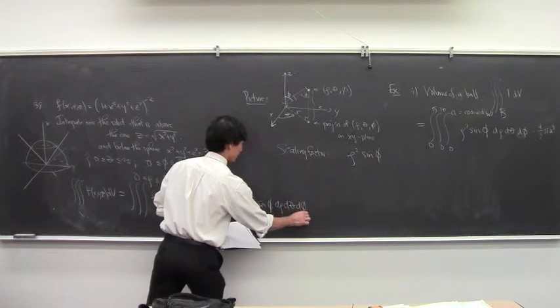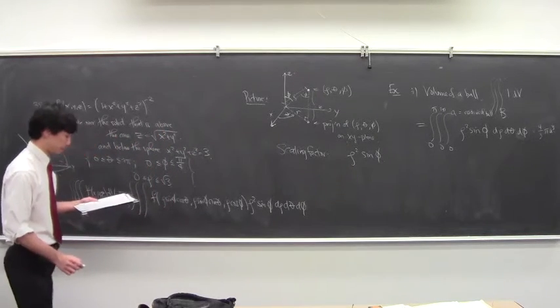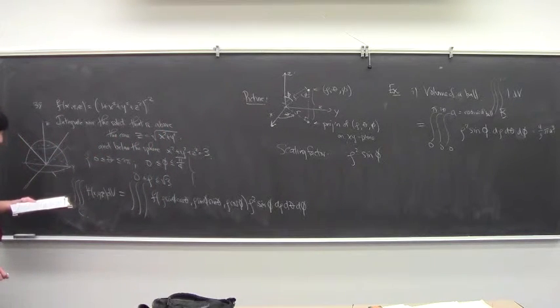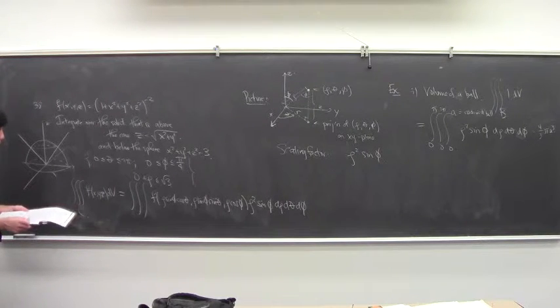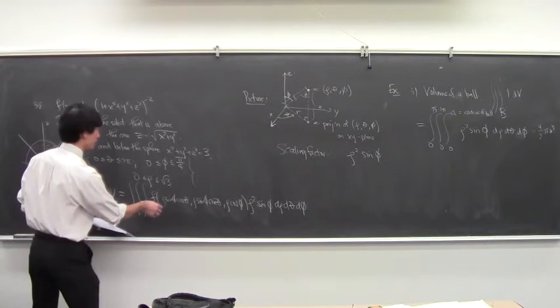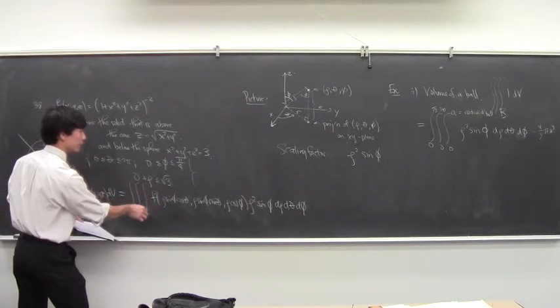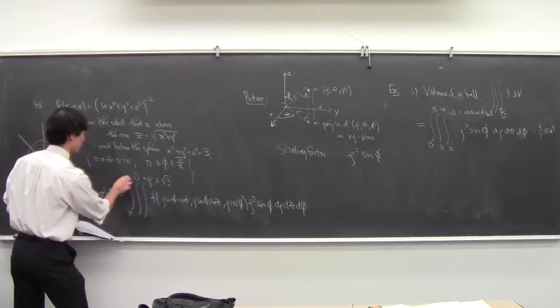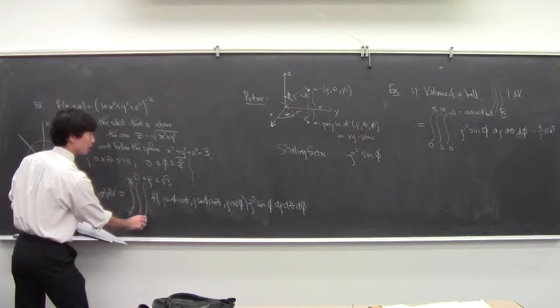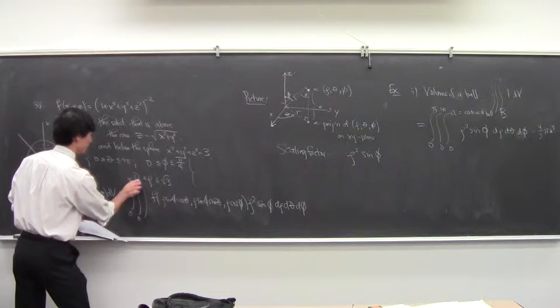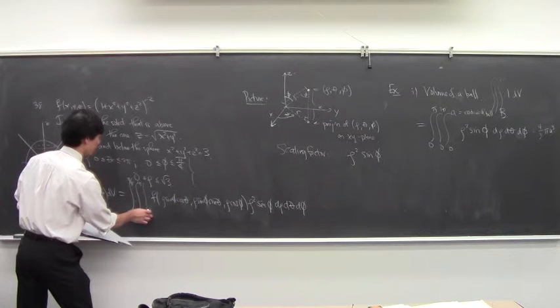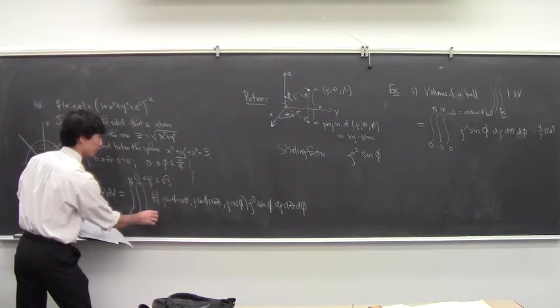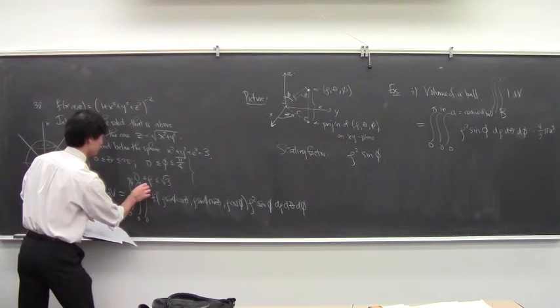These range over what we just said: phi goes from 0 to pi over 4, theta goes from 0 to 2 pi, and rho goes from 0 to 3.